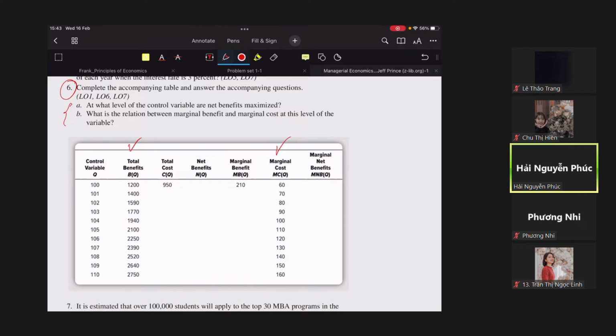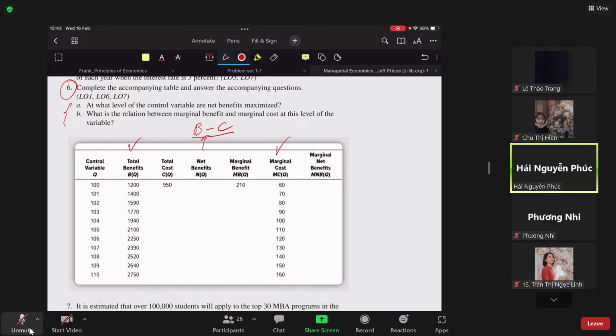Do you have any idea on this? How will you fill this table? So for example, what do we have if we want to fill the table for net benefit? Of course, it will be equal to B minus C, yeah?